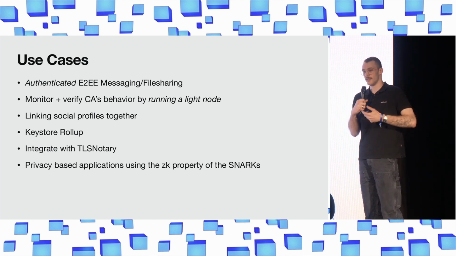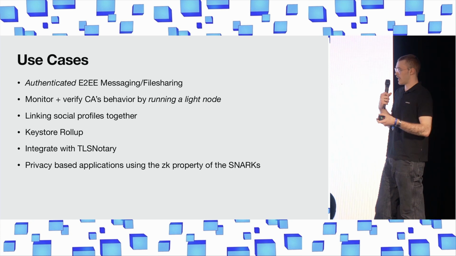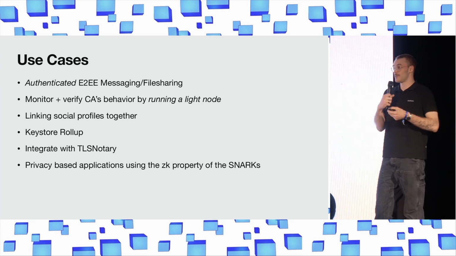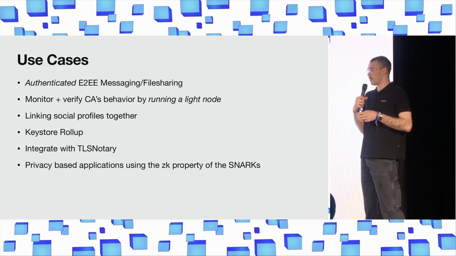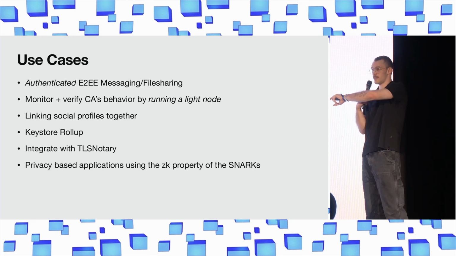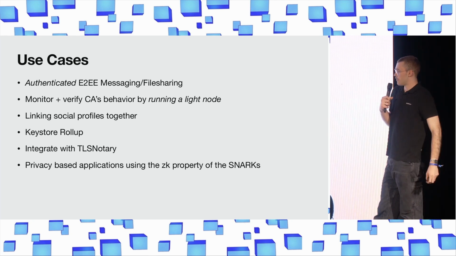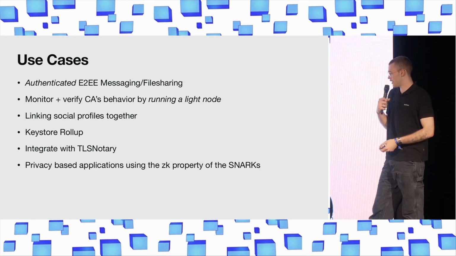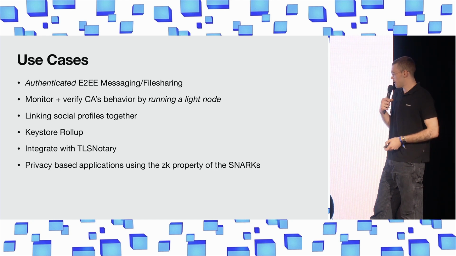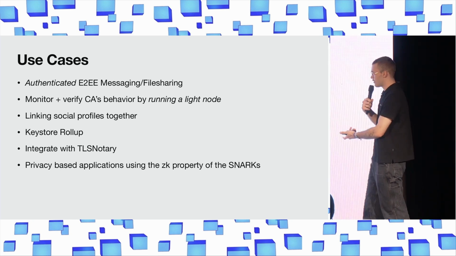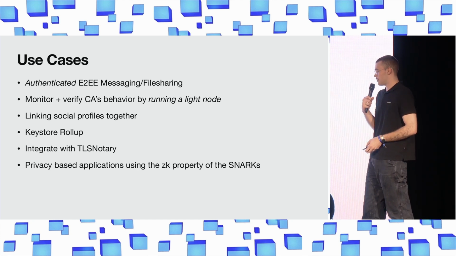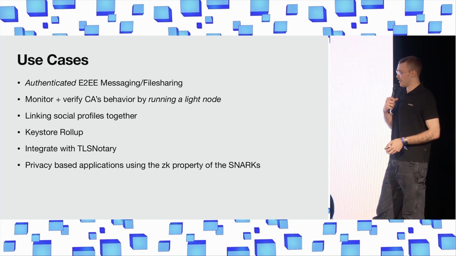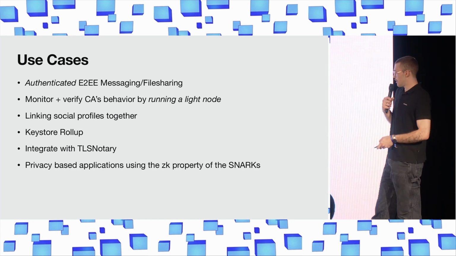It's still a centralized anti-Sybil mechanism without TLS Notary. We can make an instance of TLS Notary ourselves where you can prove selective information about yourself from the server without disclosing everything about your identity, and that's really nice. And then you can also, like I said earlier, use the ZK property of the SNARKs if you have a second instance of this key directory to do some pretty nice privacy-based applications.